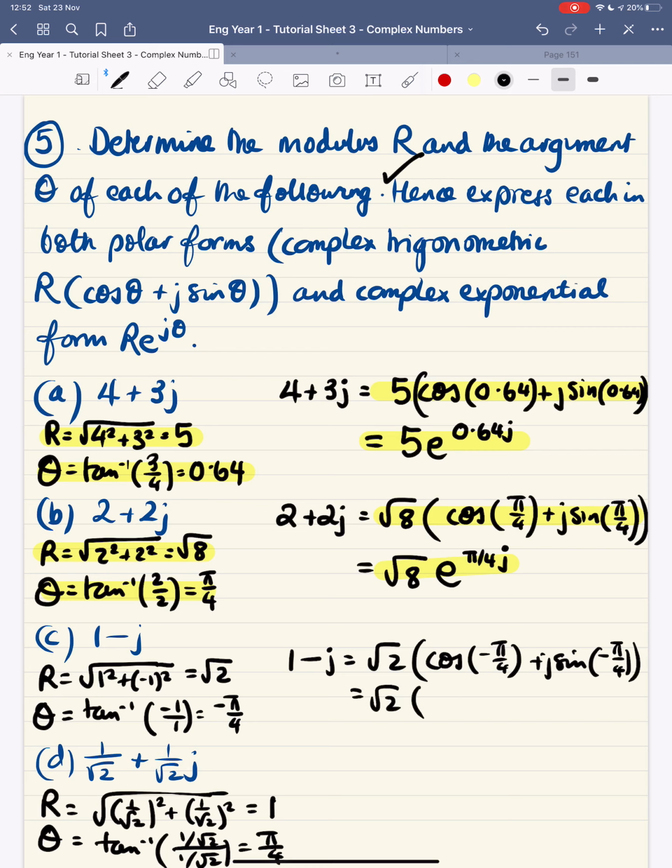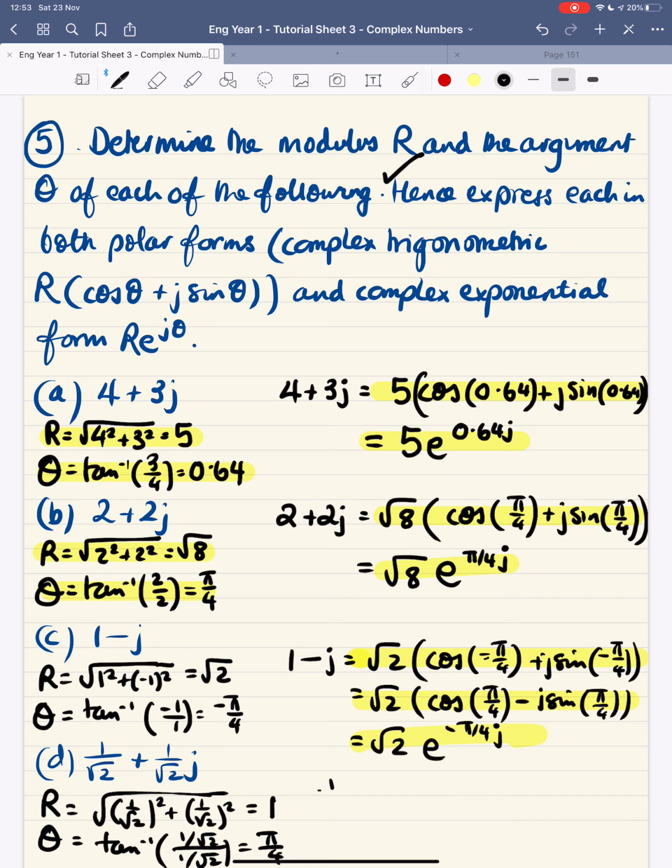Now actually we can do something with this one, because cos of minus pi by 4 is the same as cos of plus pi by 4, and this one, you take a minus outside the bracket, sine pi by 4, like so. And we can also say it's root 2 e to the minus pi by 4j. That's one answer, that's also another answer there. But I use the minus pi by 4 there, because that's the best way to do that.